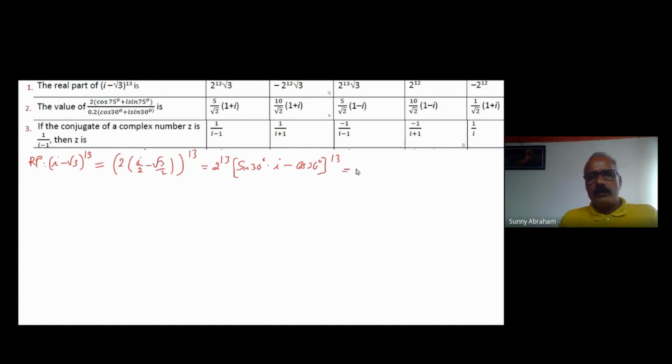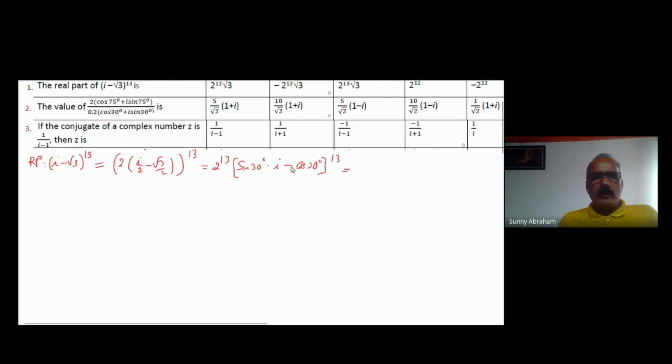So it becomes 2 raised to 13 into iota raised to 13 into, this will be plus iota sine, so it is minus cos 30, right? Not necessary to take this way.